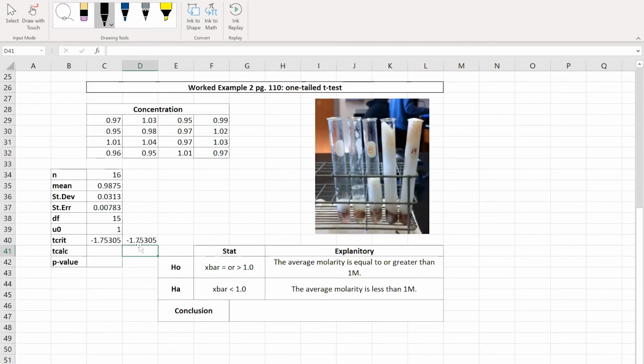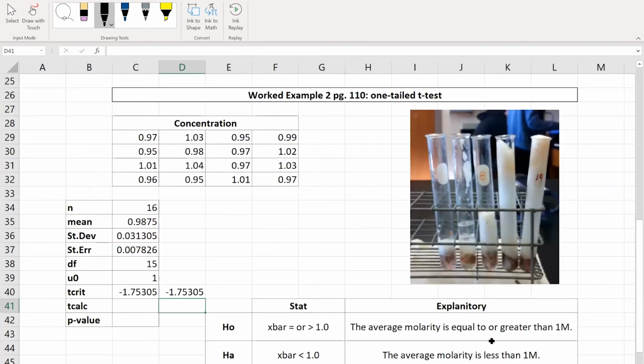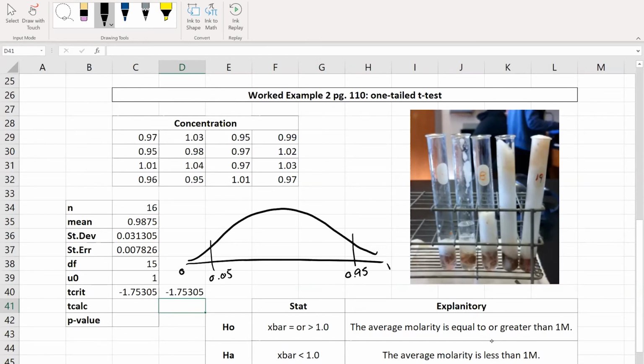Again, the reason for that is if we think about this being a number line, from 0 to 1 in terms of alpha values, this value would be 0.05 and this would be 0.95. Then if we kind of overlay our t-distribution on top of that with our mean of 0 here, this entire side would be positive and this entire side would be negative.